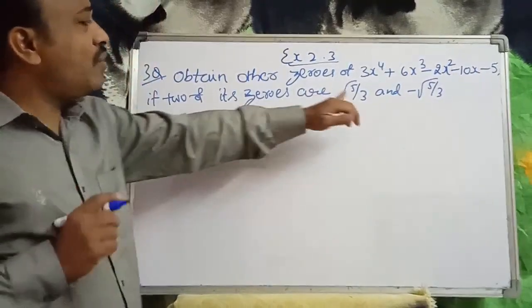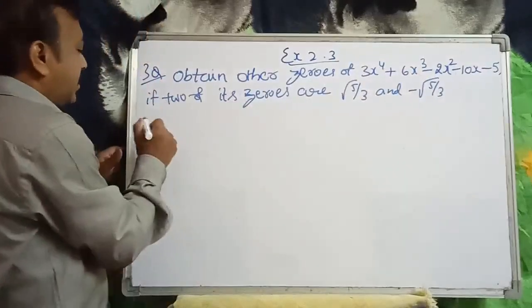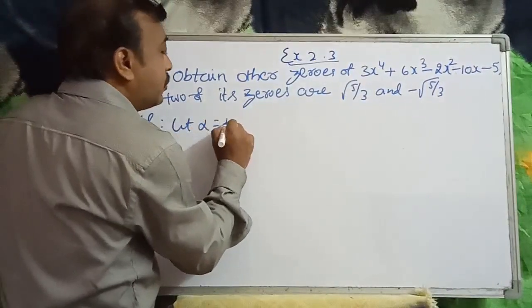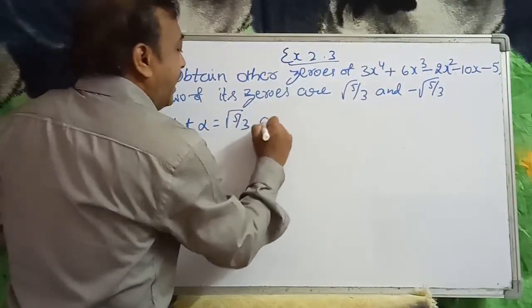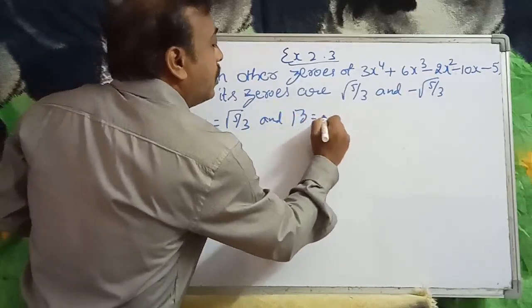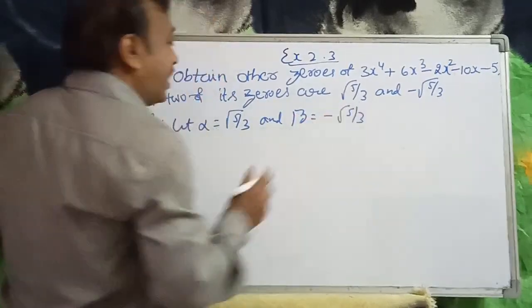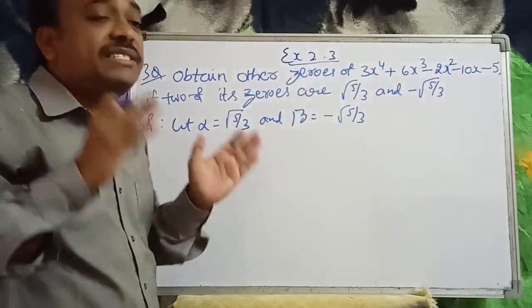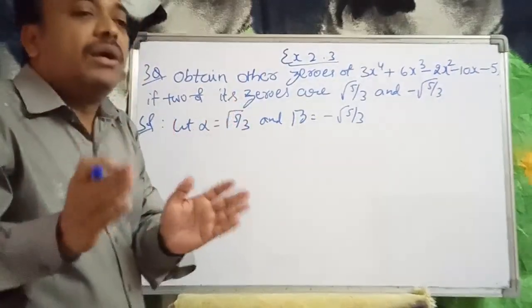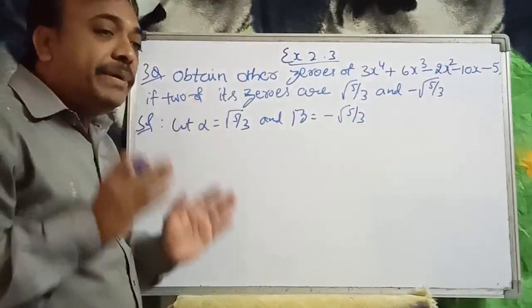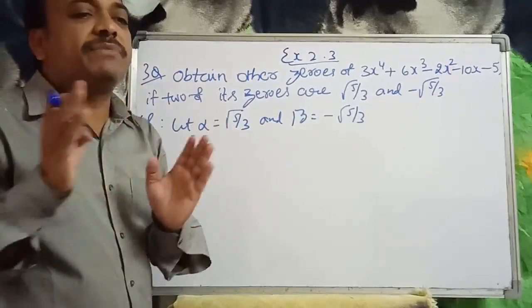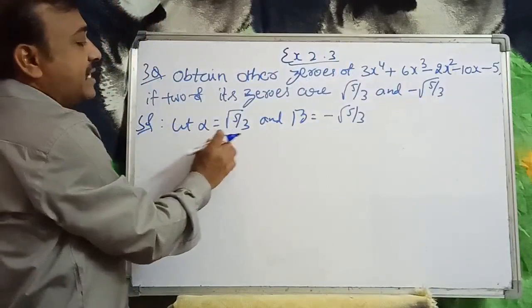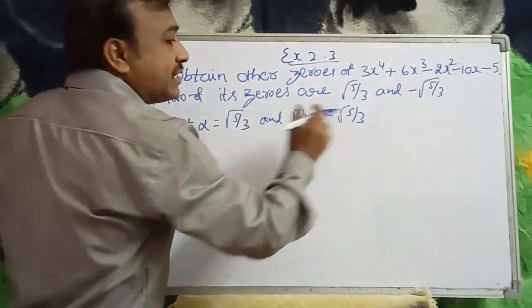Now, let alpha be equal to root 5 by 3 and beta be equal to minus root 5 by 3.